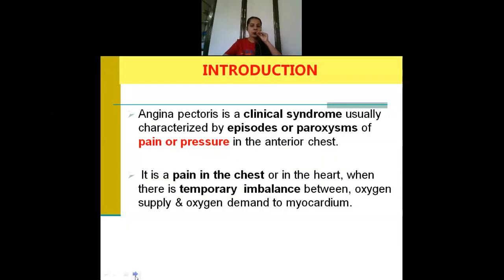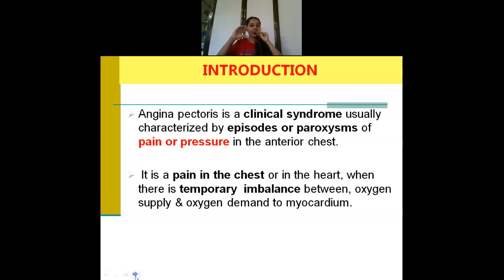So we will move on to the introduction. As I told, angina pectoris is a clinical syndrome which refers to episodes or attacks of pain or pressure on the chest. Why this chest pain occurs is because of an imbalance between oxygen supply and demand: there is decreased oxygen supply and more demand.